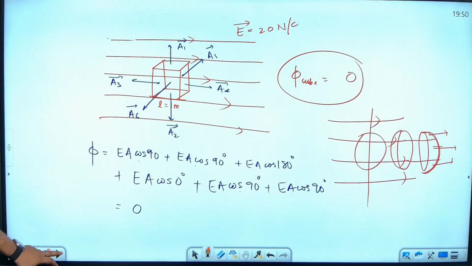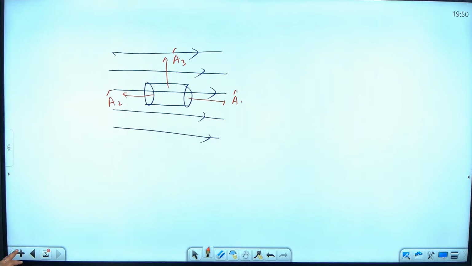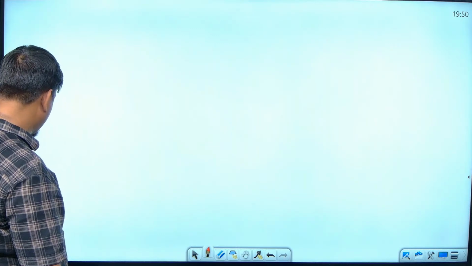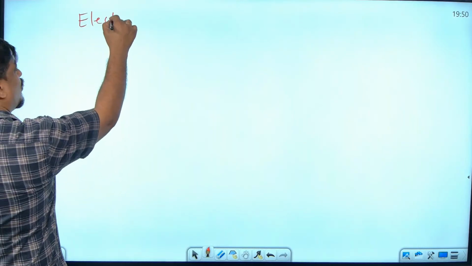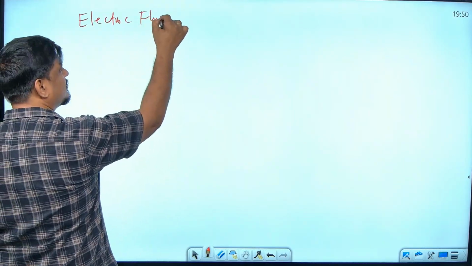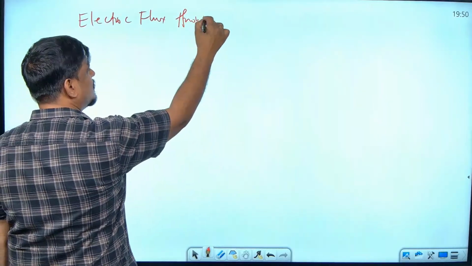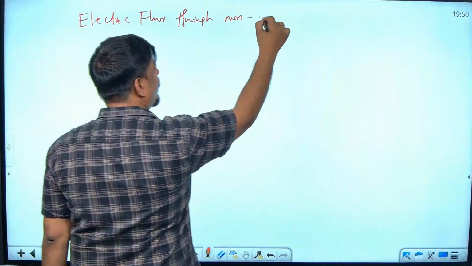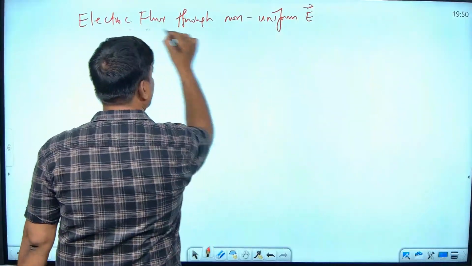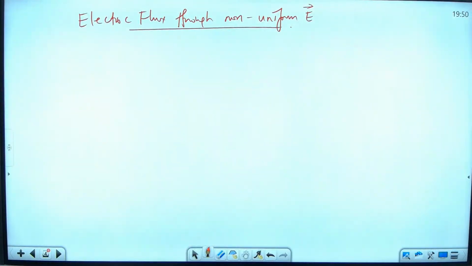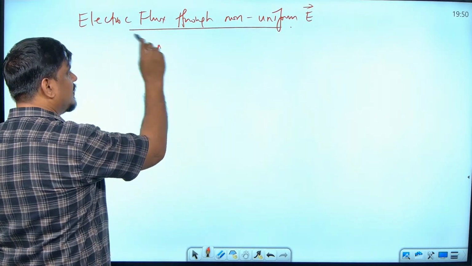Okay. Now let us talk about electric flux through non-uniform electric field. Right. So now what will happen? Please pay attention, I will give time for writing. What they will do?